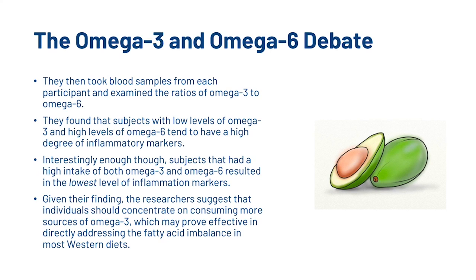Interestingly enough though, subjects that had a high intake of both omega-3 and omega-6 resulted in the lowest level of inflammation markers. Given their finding, the researchers suggest that individuals should concentrate on consuming more sources of omega-3, which may prove effective in directly addressing the fatty acid imbalance in most Western diets.